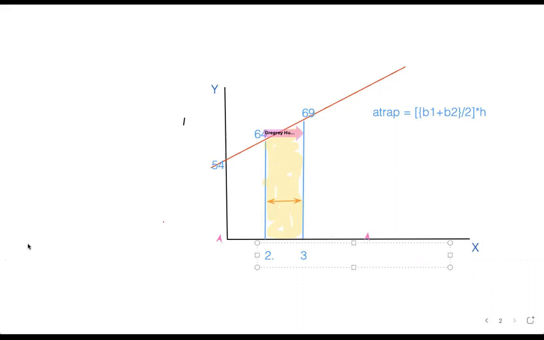So I'll write it here: domain is defined as the horizontal dimension. The double equal sign means it's a definition, just if you haven't seen that.